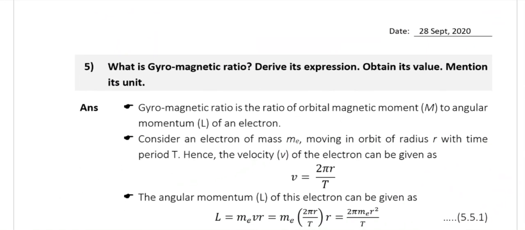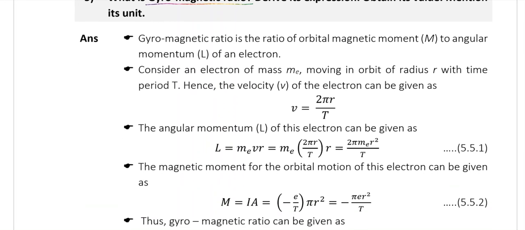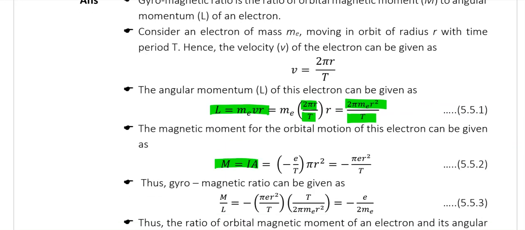Then gyromagnetic ratio. What is gyromagnetic ratio? It is the ratio of M by L. What is M? Magnetic dipole moment. L is angular momentum. So angular momentum is m v r, with v being distance upon time, and this is the expression for angular momentum. Magnetic dipole moment is N I A, but in case of an electron, N makes no sense, so simply it is I into A. What is I?